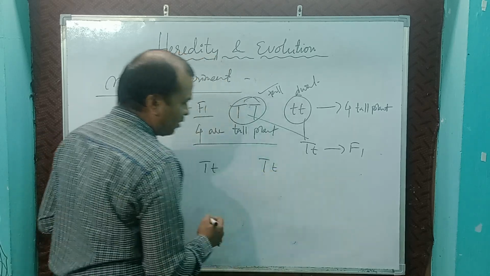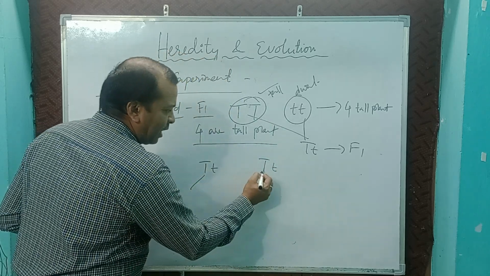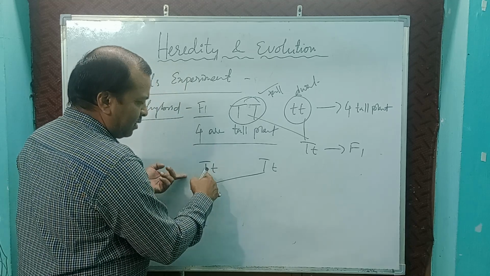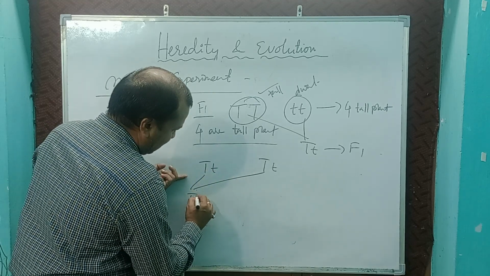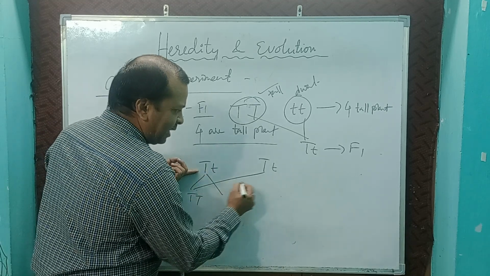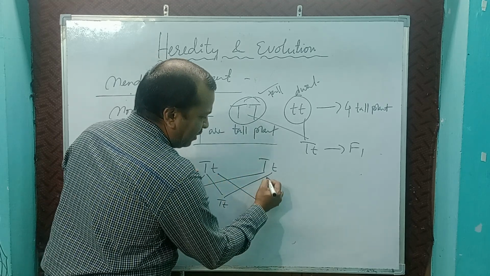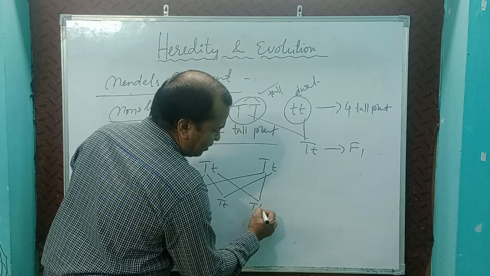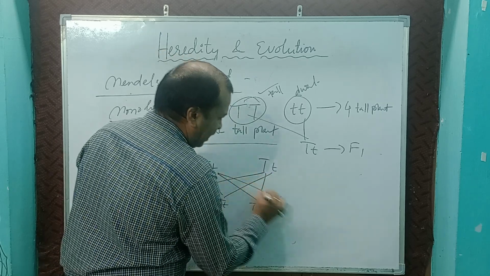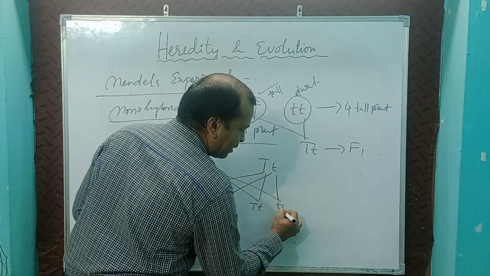He crossed among them. Then he got capital T, capital T; capital T, small t; small t, capital T; then small t and small t.